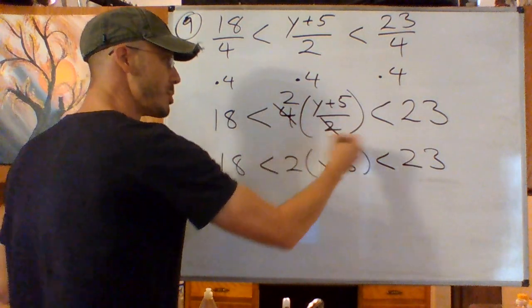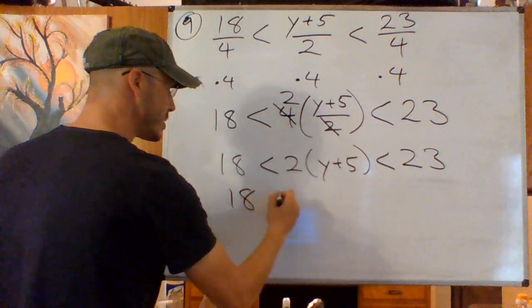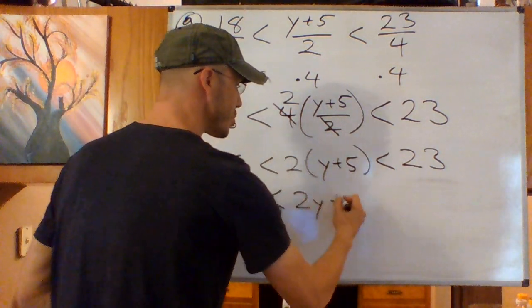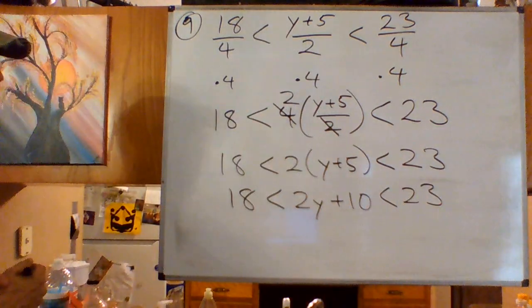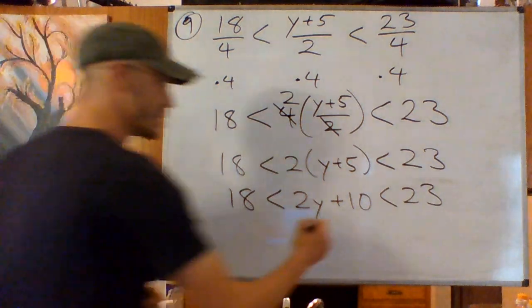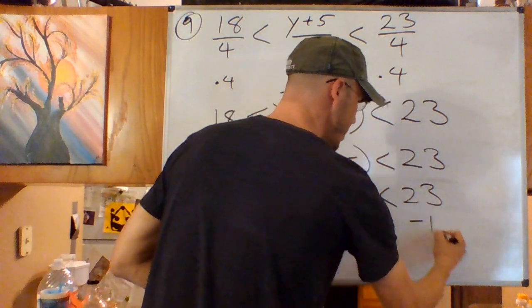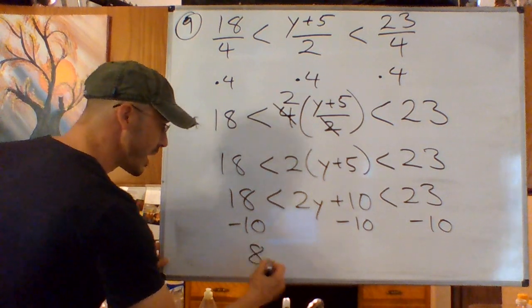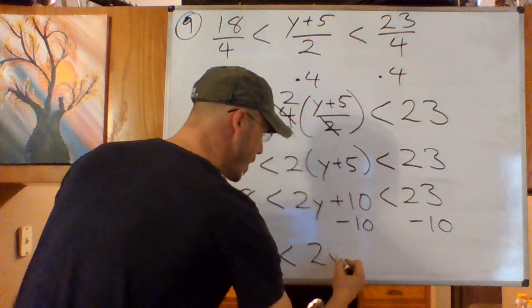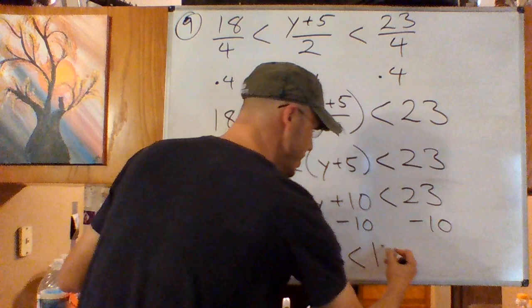Next, I want to distribute that 2. 18 is less than 2y plus 10 is less than 23. Next, I'll subtract 10. I'm trying to isolate the y variable. This gives me 8 is less than 2y is less than 13.